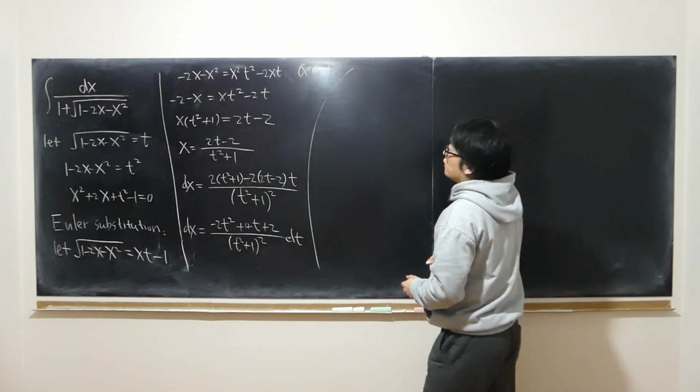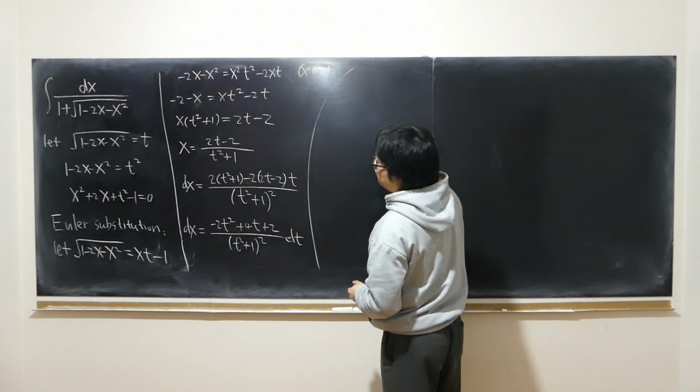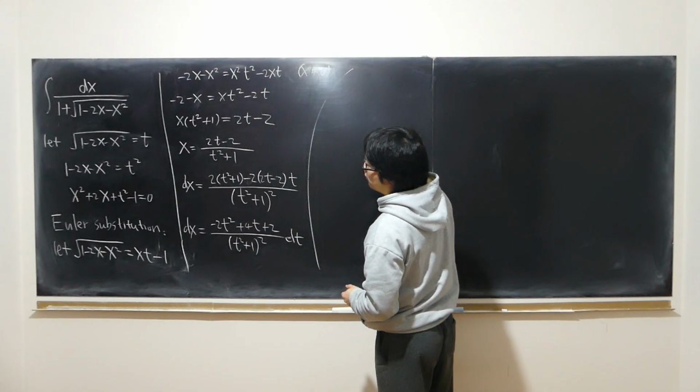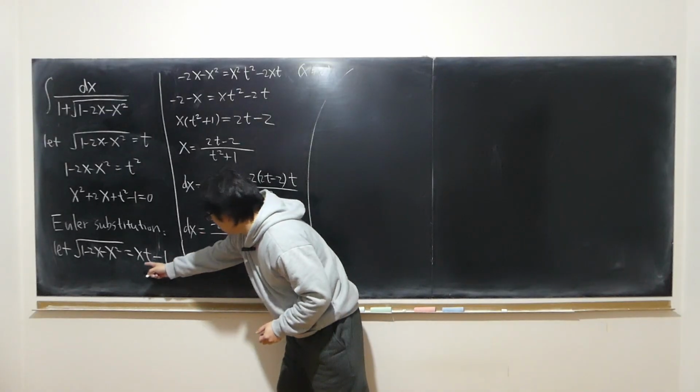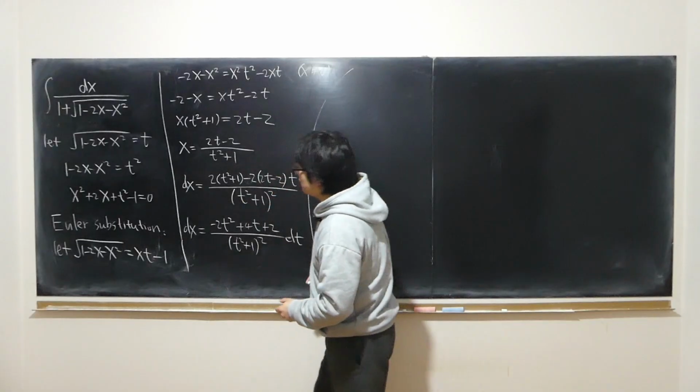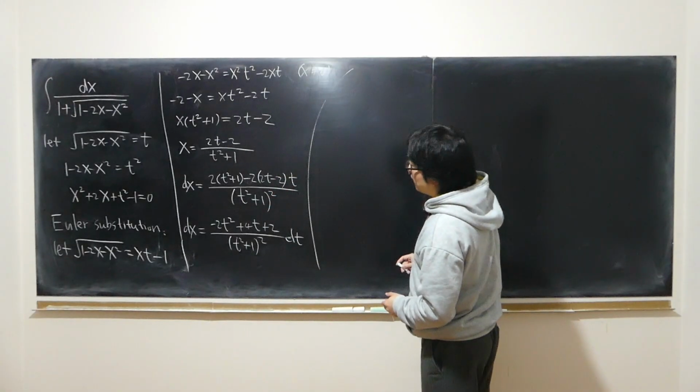First of all, what's the denominator look like? 1 plus the square root, in other words 1 plus this one, so 1 and negative 1 cancel out. Xt is sitting at the bottom. But what's xt?